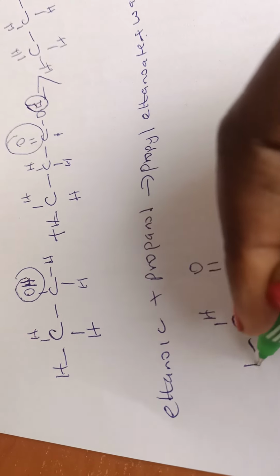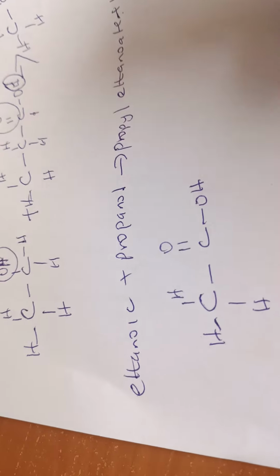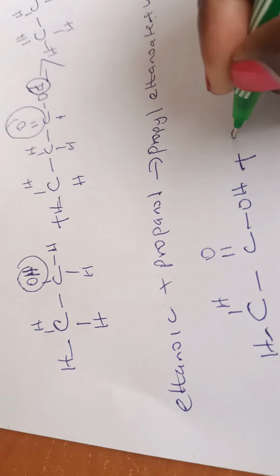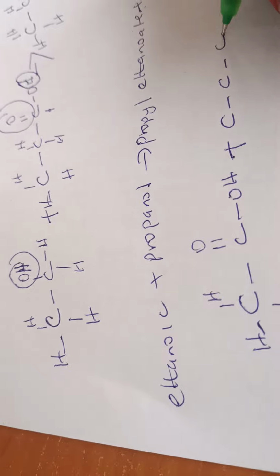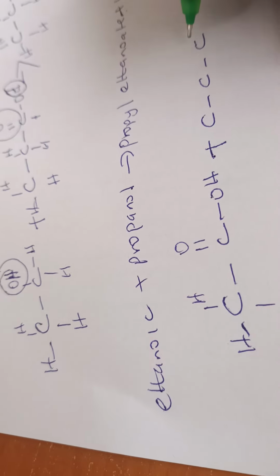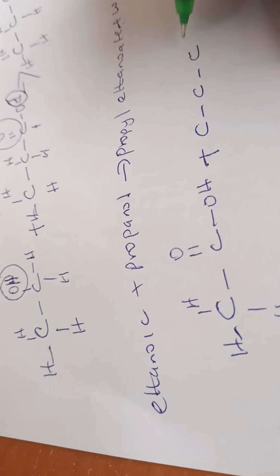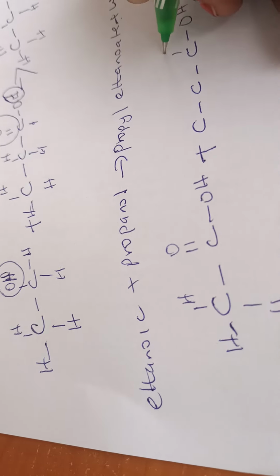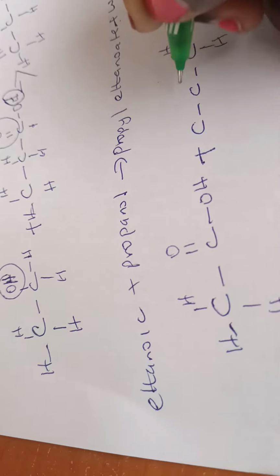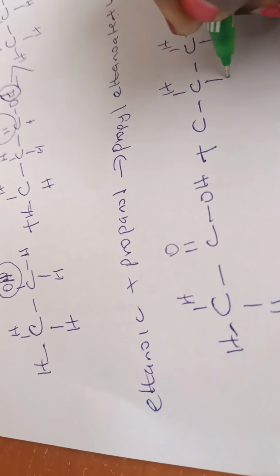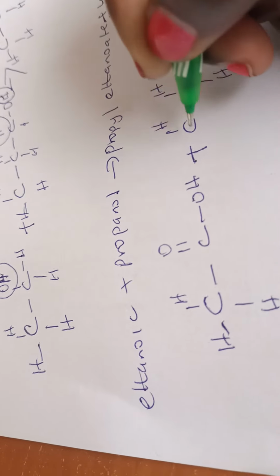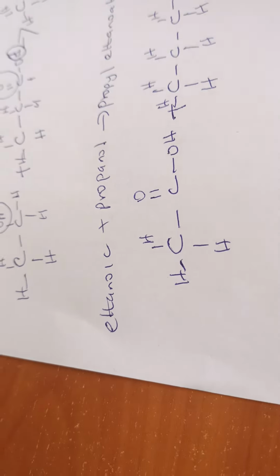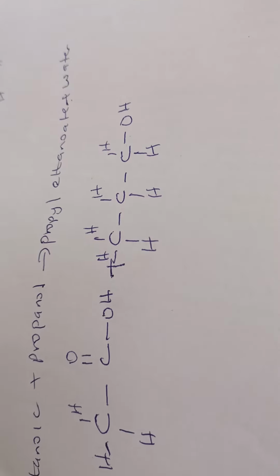Then propanol, 3 carbons. Remember the OH from the alcohol. This carbon should have 4 bonds that way. So that is now our propanol.